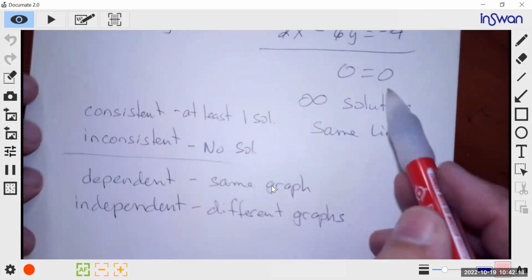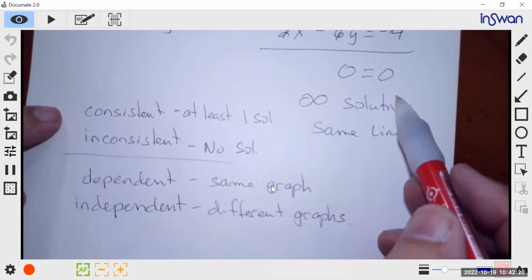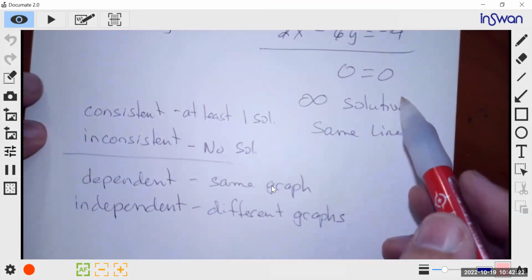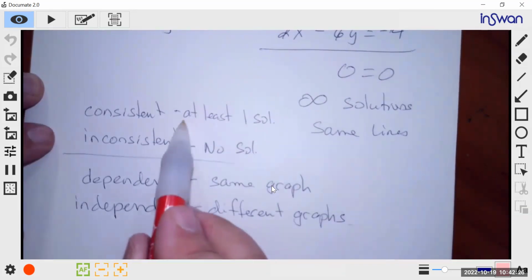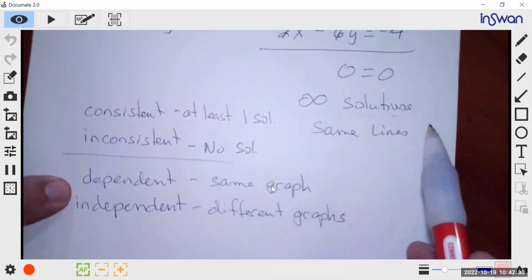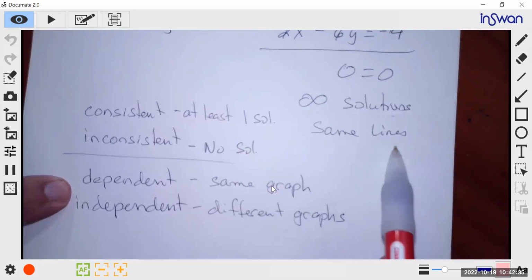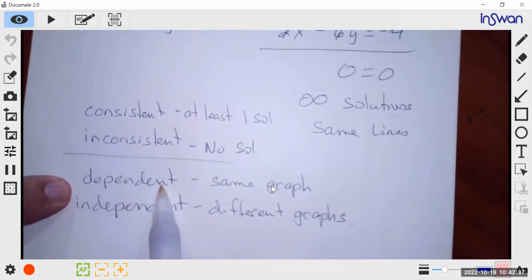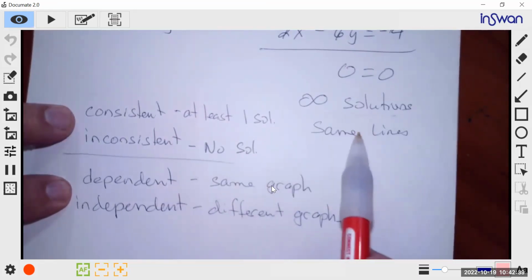So this last one we did, is it consistent or inconsistent? Consistent, because it has at least one, it has infinite solutions. How about the graphs? Are they the same graphs or different graphs? Because it's the same line, they have the same graph. So it's dependent. It's consistent and dependent.